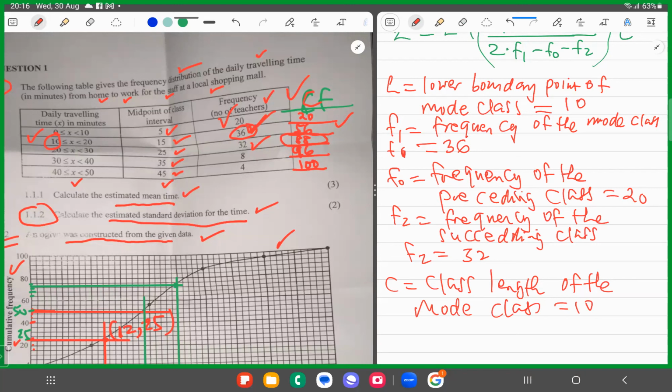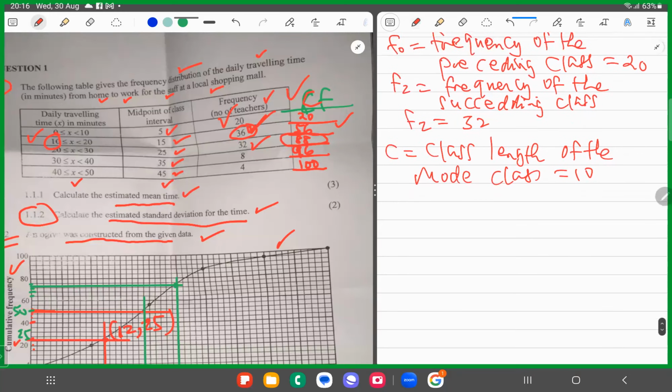Okay, we continue. So the mode, you can call it Z, is L plus F1 minus F naught, over double F1 minus F naught minus F2.